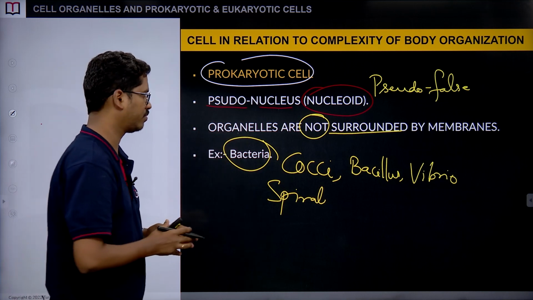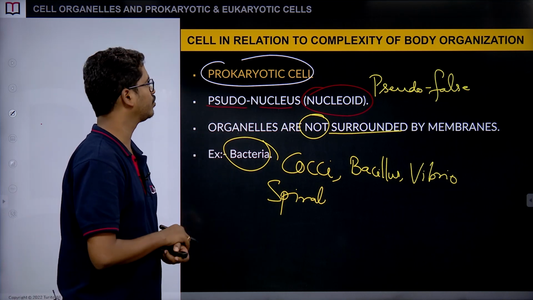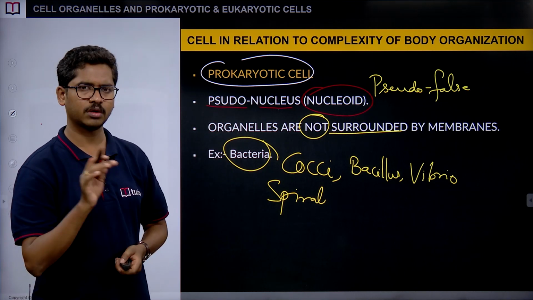There are so many types we have seen. These are some of the groups you can see. So this is in short about prokaryotic cells.